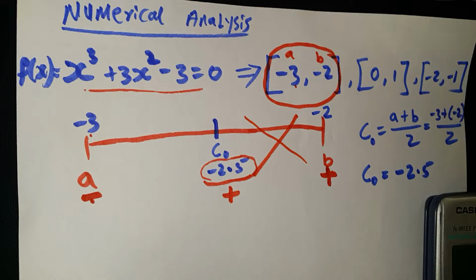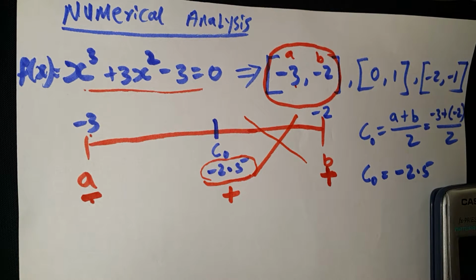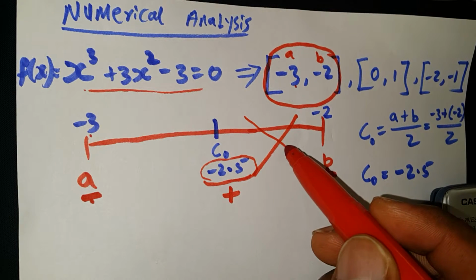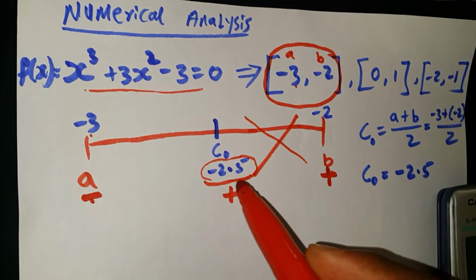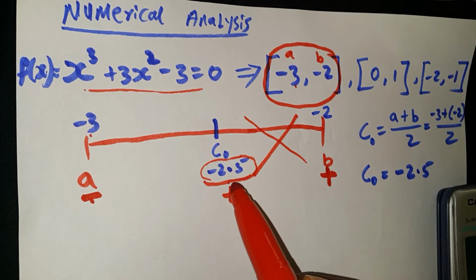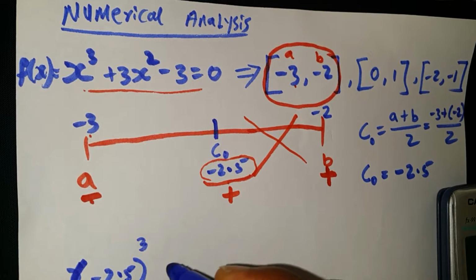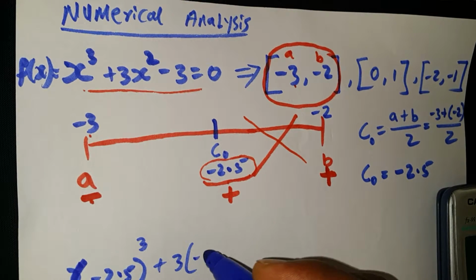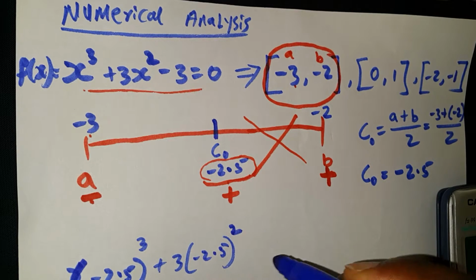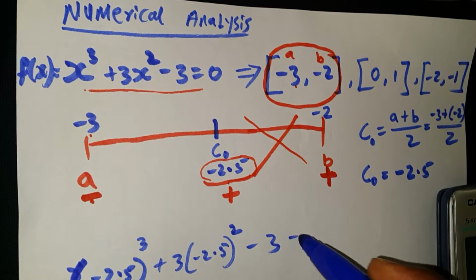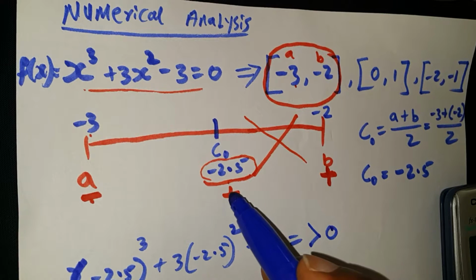It's cancelled. Let me put it straight. C is (-2.5) cubed plus 3 times (-2.5) squared minus 3, which is going to give us positive.